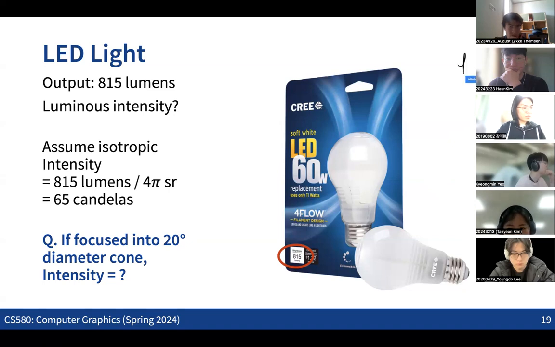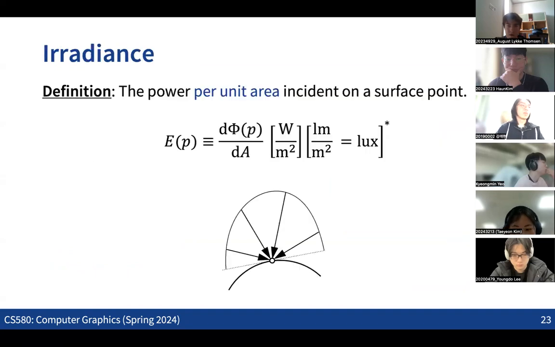So we discussed the flux and also the intensity, which is flux by the solid angle. Those are two quantities. And we're also going to see the definition of the irradiance. Irradiance is not the power per solid angle, but the power per unit area coming in over the surface.